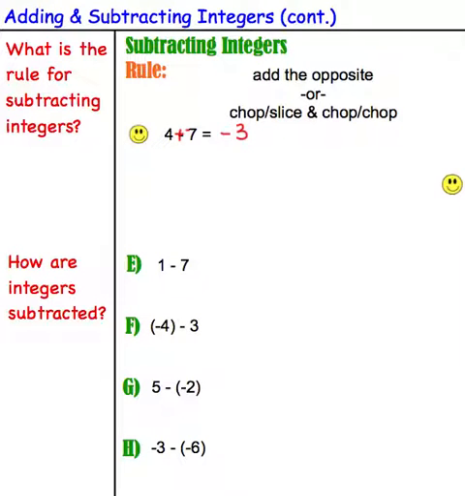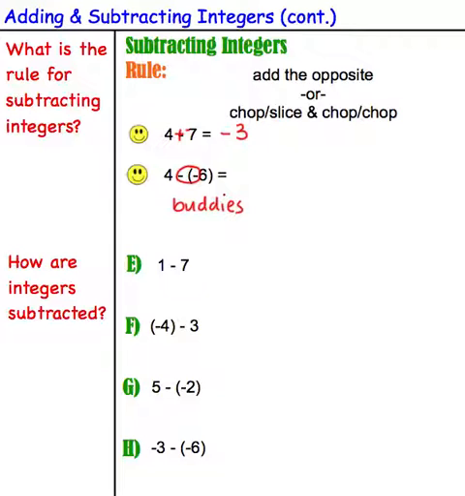Now on the other hand, if I have 4 minus a -6, in this instance, I have what we call buddies. And you know, buddies like to do the same thing.